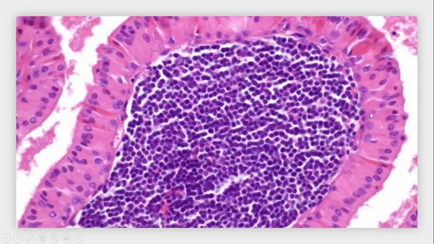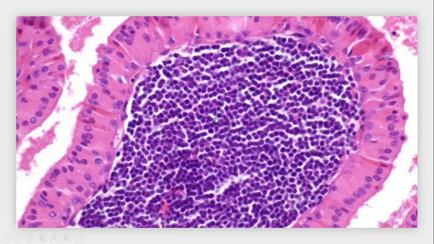Higher power, showing you also the bilayer lining of these papillae, oncocytes, large cells with abundant cytoplasm with eosinophilic granularity, vesicular nuclei, prominent nucleoli with internal mature lymphoid tissue element, and hence the misnomer of lymphoma.